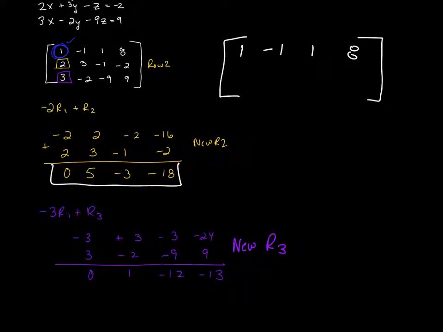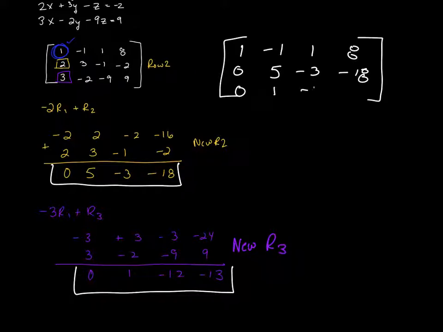So my new row 2 is 0, 5, -3, -18. And my new row 3 is 0, 1, -12, and -15. All right, I'm going to go ahead and put this on a new slide.